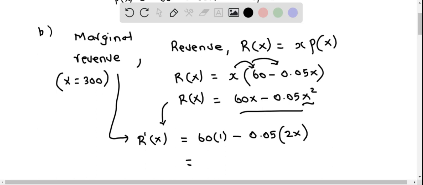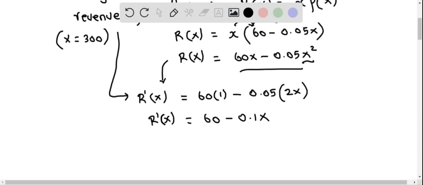Simplifying, this equals 60 minus 0.05 times 2, which is actually 0.1, so 60 minus 0.1x. This is the marginal revenue function in terms of x.